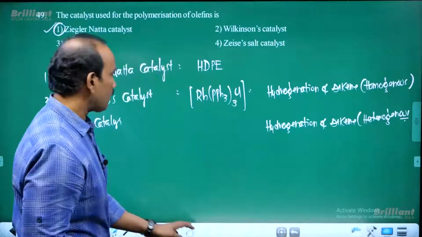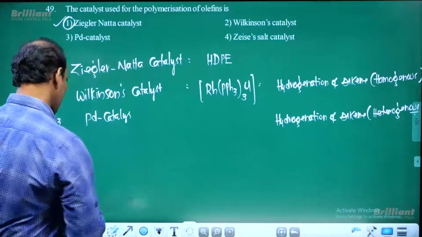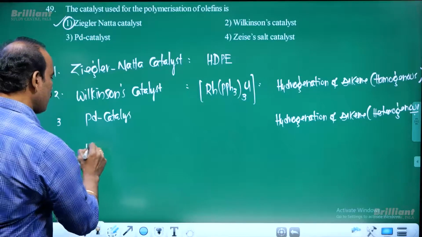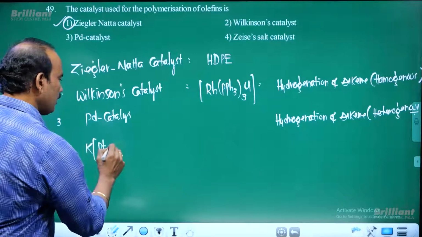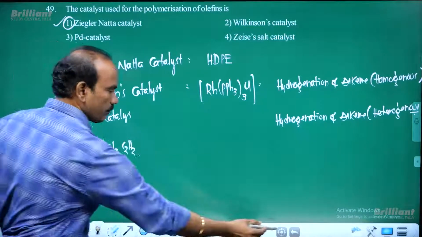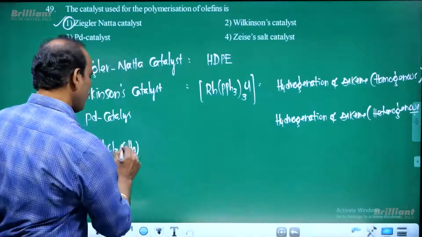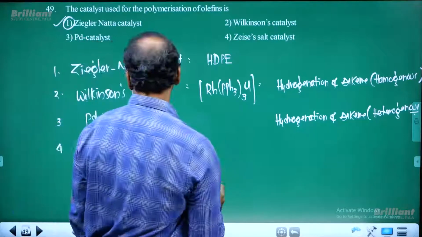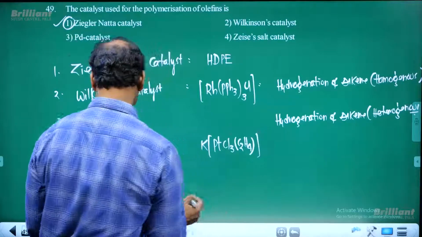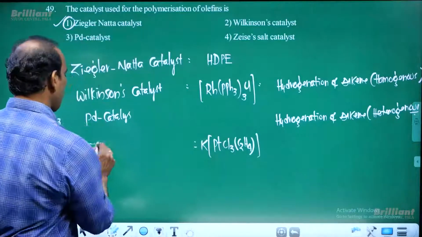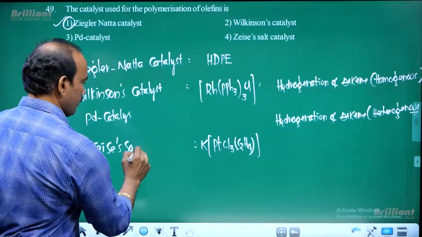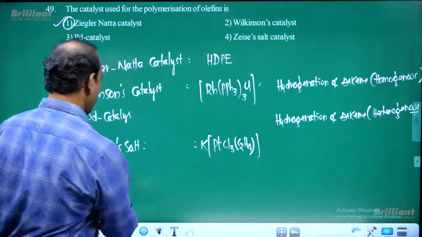Clear? Next one is Zeise's salt. What is Zeise's salt? This is the first prepared organometallic compound, K[PtCl3(C2H4)]. This is the Zeise's salt catalyst.